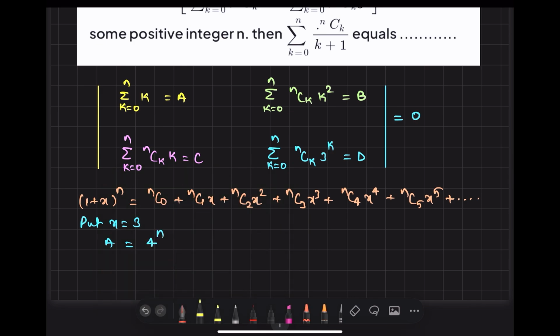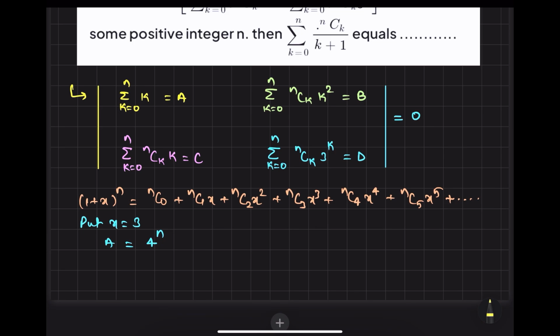Yes. Now be focused on this a. So who is a? Look at this. k is 0, 0 plus 1 plus 2 plus 3 plus 4 plus 5 dot dot dot n.